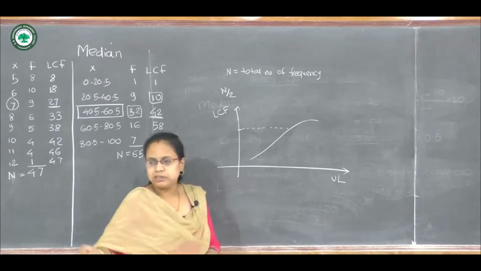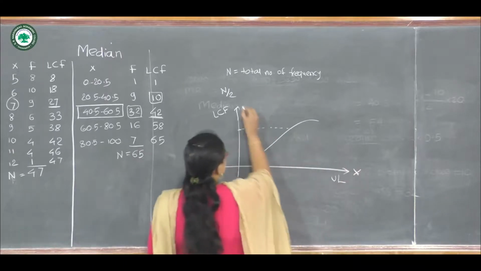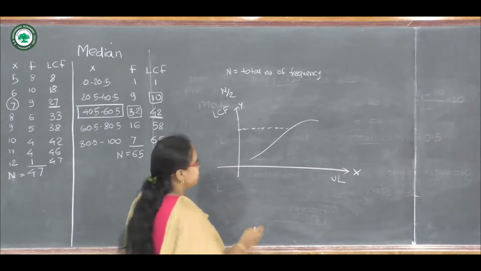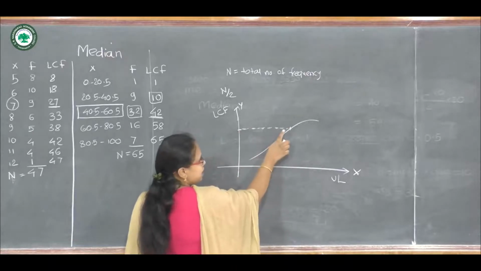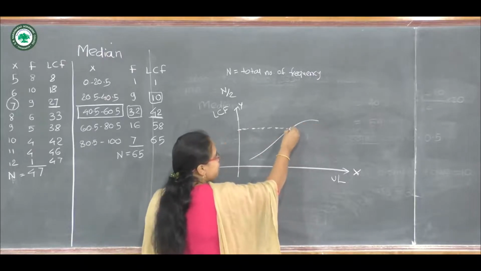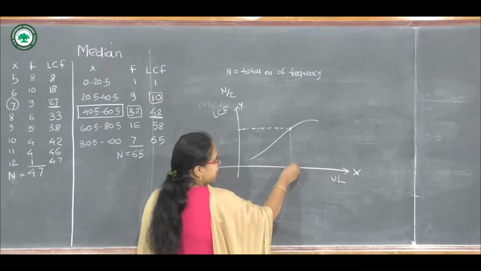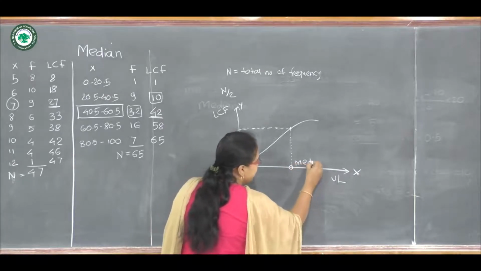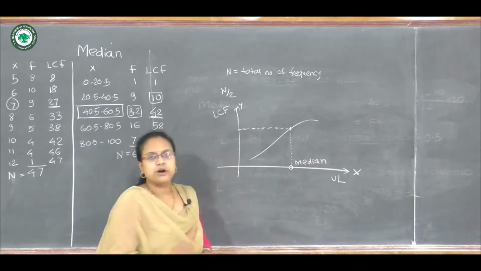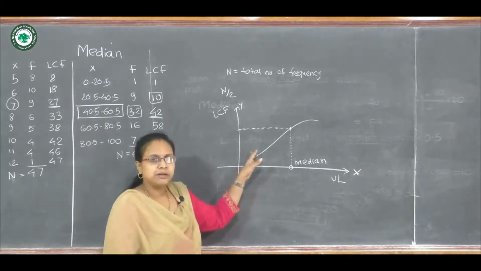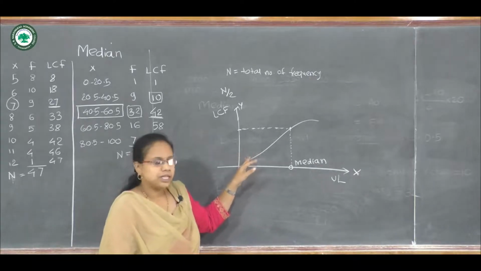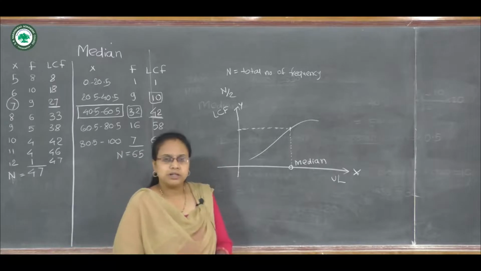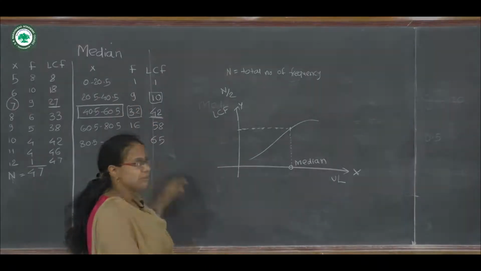This is the x-axis, this is the y-axis, and when the intersection of this line and this ogive curve is obtained, then draw a perpendicular on the x-axis, and this point is our median. So in this way we can obtain median graphically by using the ogive curve for less than cumulative frequency type. So we will draw a graph for this data.